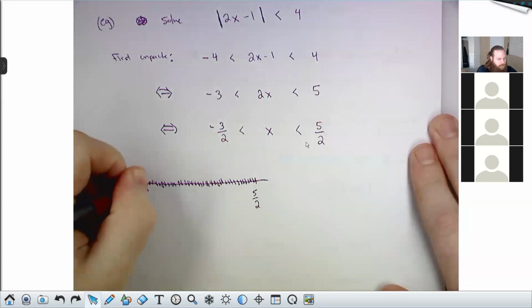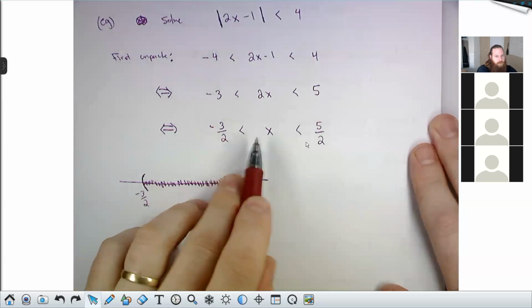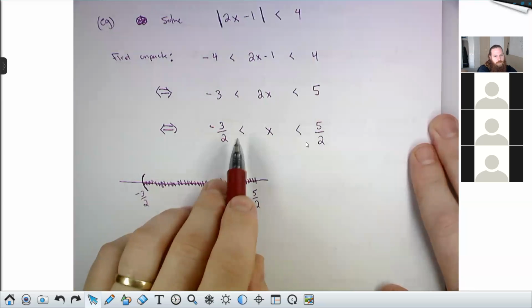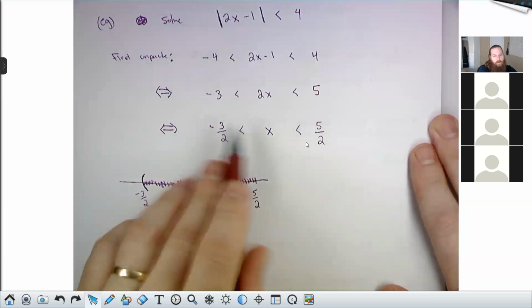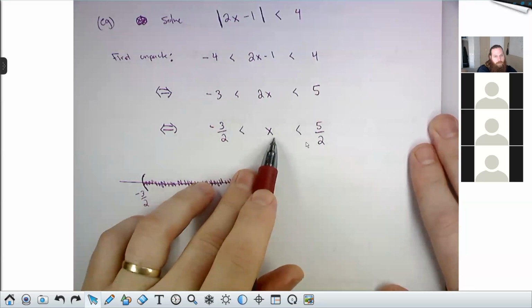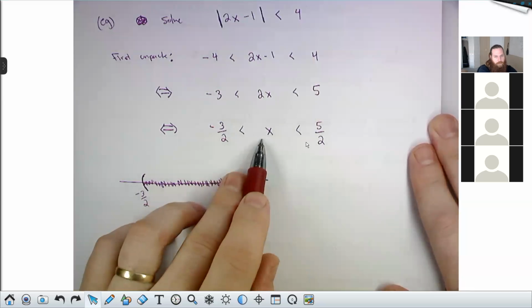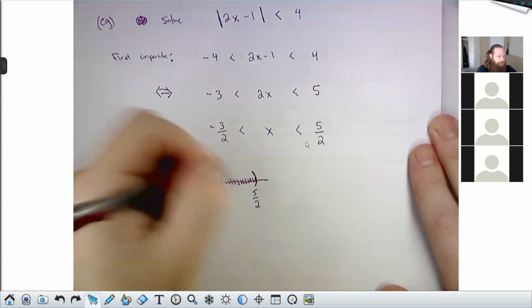So we use a parentheses here because this is a strictly less than, meaning x has to be strictly greater than -3/2, or -3/2 has to be strictly less than x. If you plug x equals -3/2 into this portion of the inequality, you don't get a true statement, all right? Because -3/2 is not strictly less than -3/2. And for the same reason, we have to use a paren on the right-hand side here.